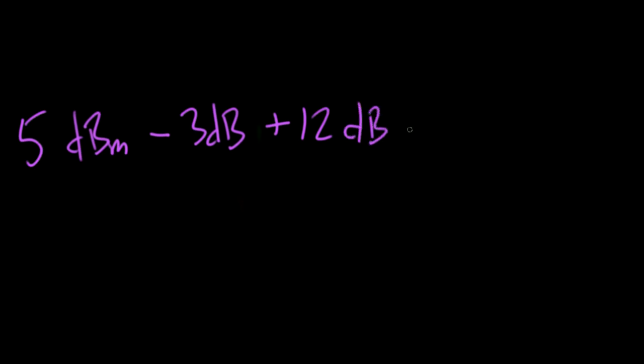And then you're running it over a long cable that has 2 dB of loss. And then you're connecting it to your antenna. So now you want to know exactly how much power there is at the antenna. Well, 5 minus 3, and then plus 12, and then minus 2. What is that? That's 12 dBm.